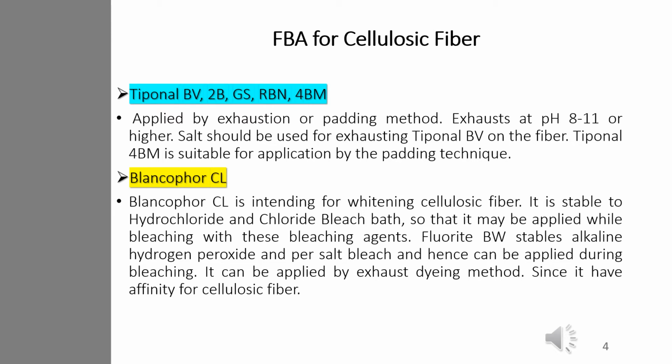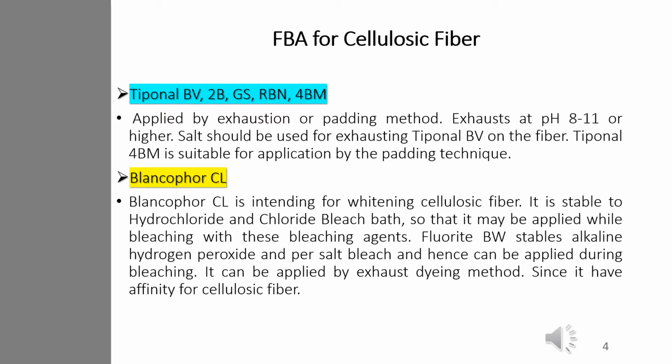It is stable to hypochlorite and chlorite bleach baths so that it may be applied while bleaching with these bleaching agents. Fluoride BW is stable to alkaline hydrogen peroxide and peroxide bleach and hence can be applied during bleaching. It can be applied by exhaust dyeing method since it has affinity for cellulosic fiber.